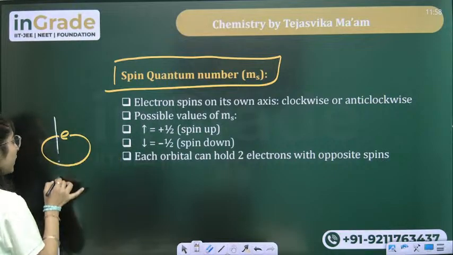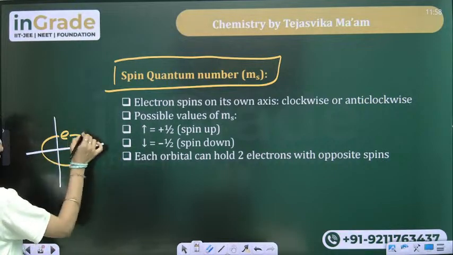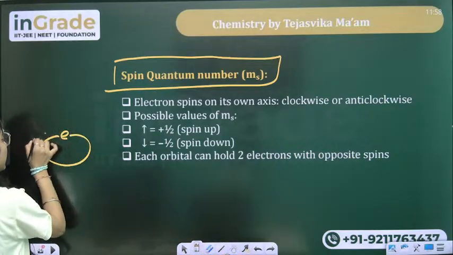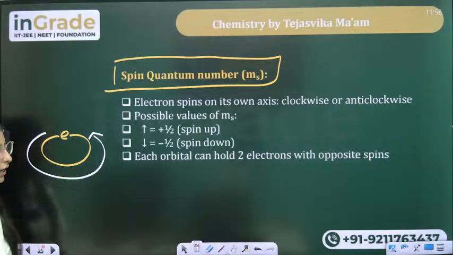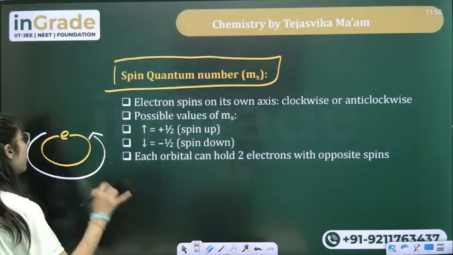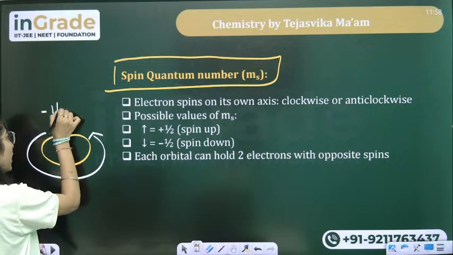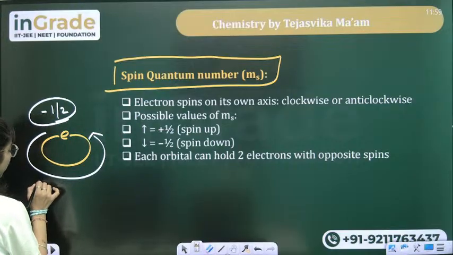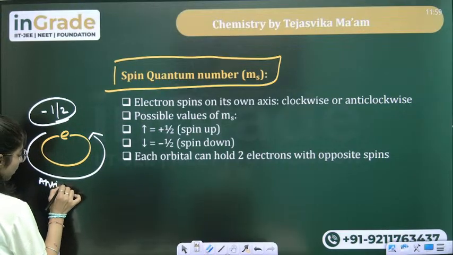Let's say this electron is moving in the anti-clockwise direction. Then in the anti-clockwise direction, its spin will be represented by minus half. Let me write it here, anti-clockwise.